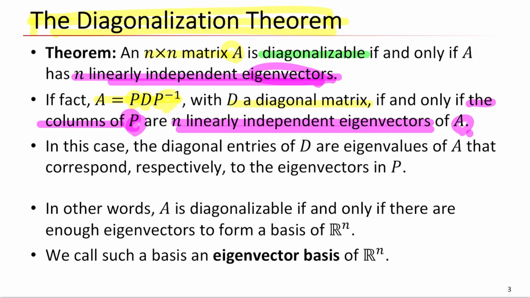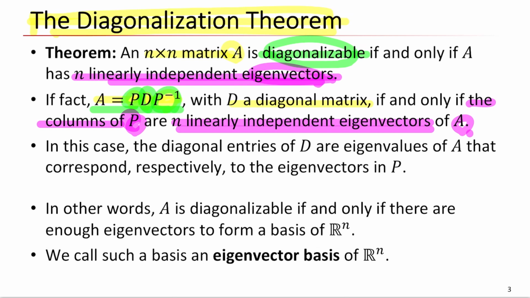Then we can decompose this matrix A as P times D times inverse P. So it is called diagonalizable, right? These two statements are equivalent.